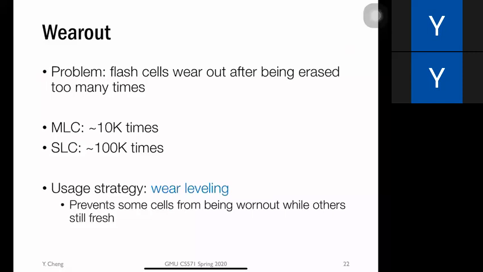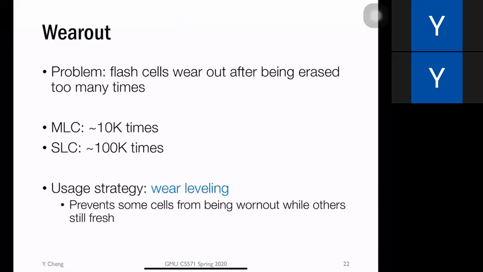It tries to balance the writes among all the flash blocks and flash pages, so that it avoids the likelihood that a single flash block or single flash page gets overwritten and erased too many times, so that only that particular single hotspot becomes bad or error prone much sooner compared to the rest of the locations within the flash device.